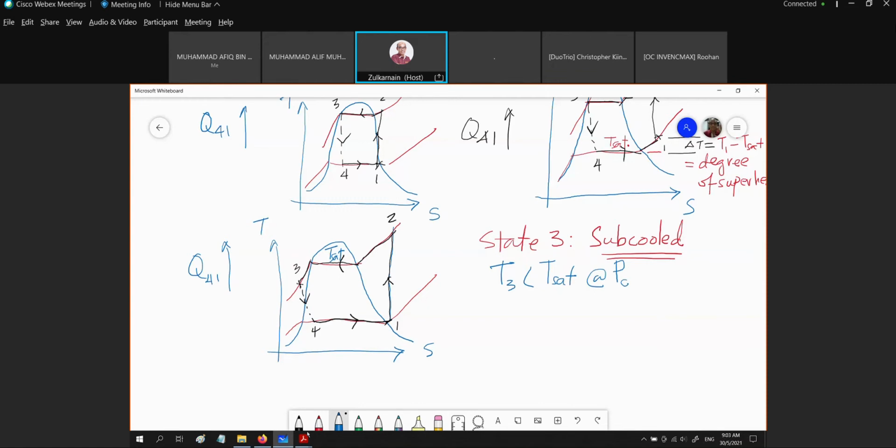Then, as we have learned previously in thermodynamics of pure substances, this is called compressed liquid, and right now we can also write this as the subcool region.